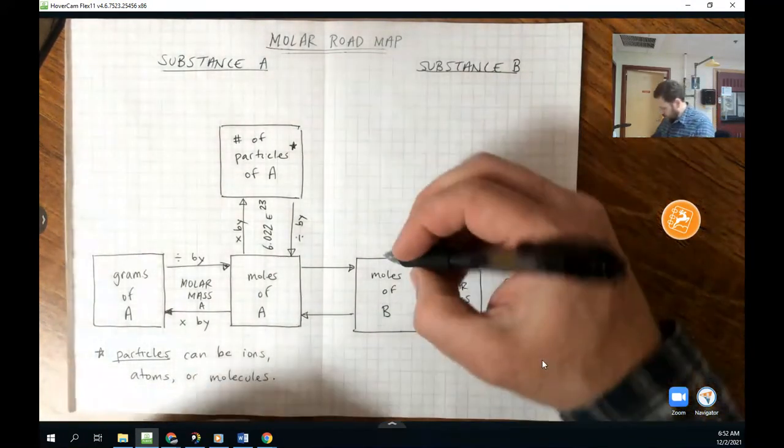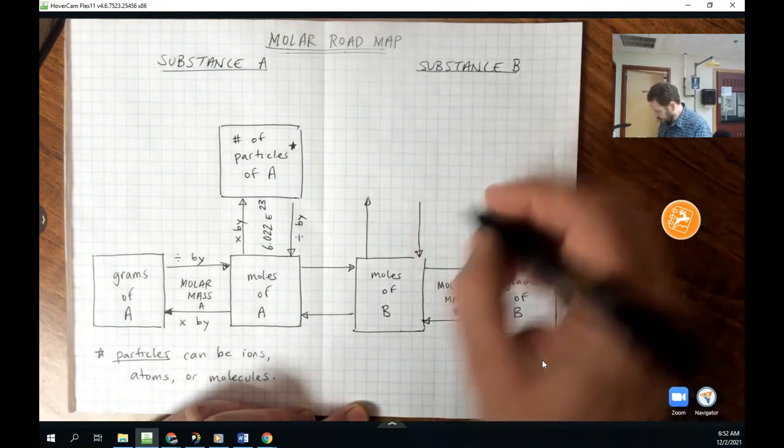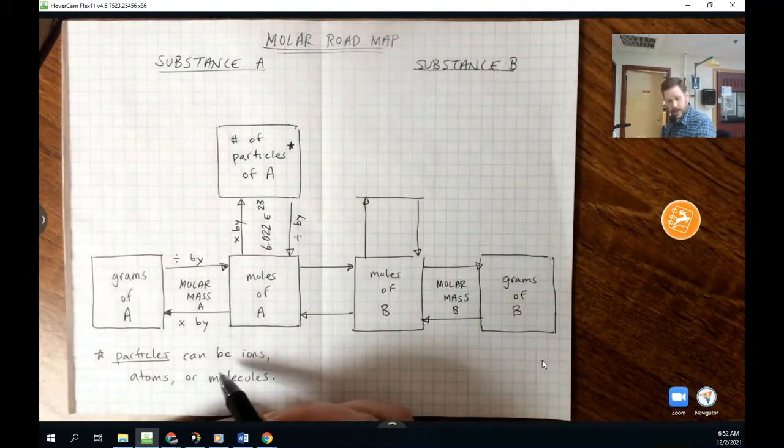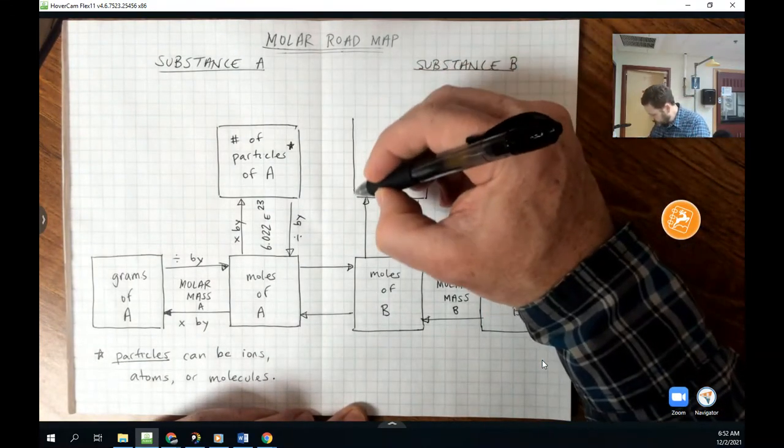And if I want to convert between moles of B and particles of B, whether those particles are atoms, ions, or molecules, then of course, I'm going to need to use Avogadro's constant.